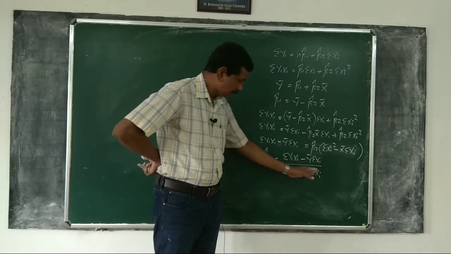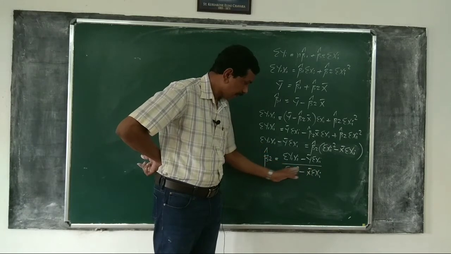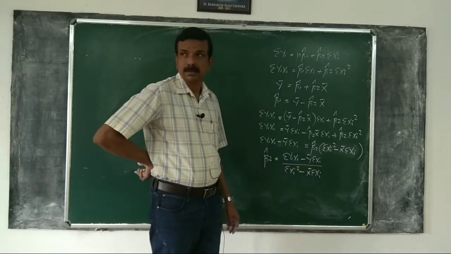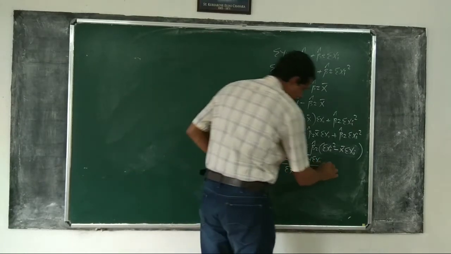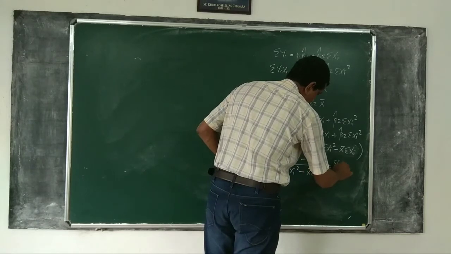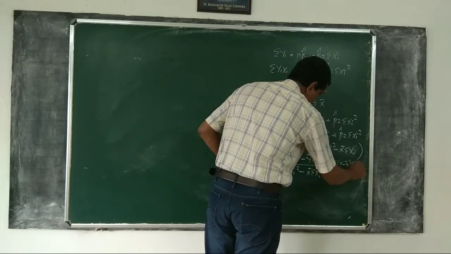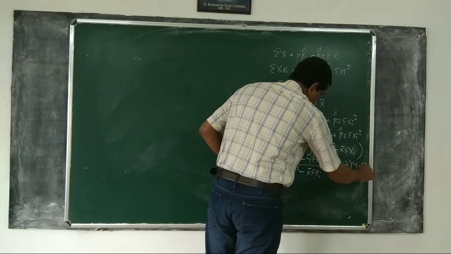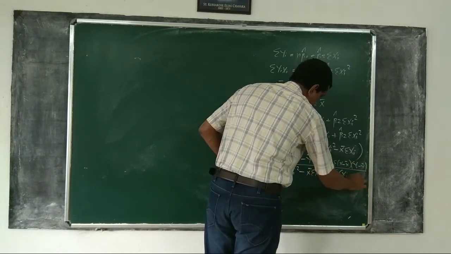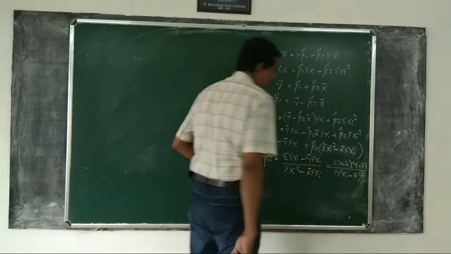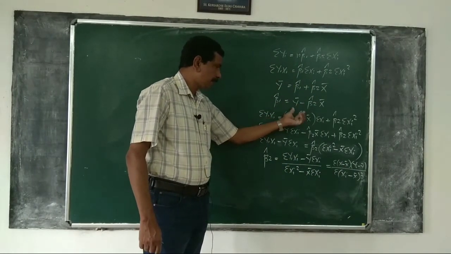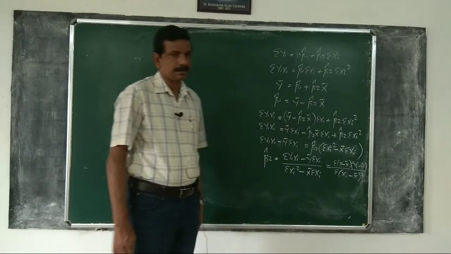And this is one expression for the expansion, sigma of x minus x bar square. So naturally, this becomes sigma of xi minus x bar into yi minus y bar, divided by sigma of xi minus x bar square. And beta 1 hat is y bar minus beta 2 hat x bar.